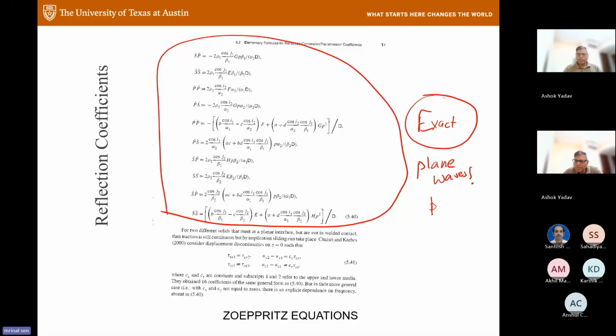So I said, yeah. They said, oh, no, this is not going to work because Aki and Richards equations are not valid for the liquid-solid case, and he wants to compute reflection coefficients at the seafloor. Then I said, no, it works for the liquid-solid case. And he says, no, it does not.